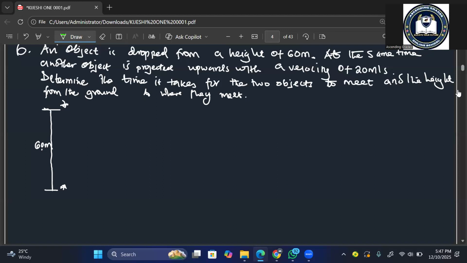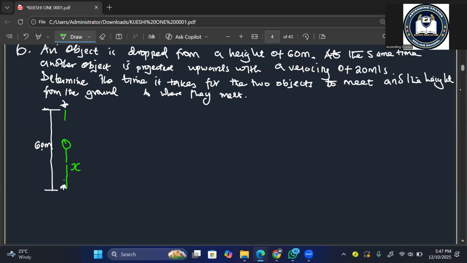So we can assume they meet above the ground at a distance of x. So they meet somewhere here.